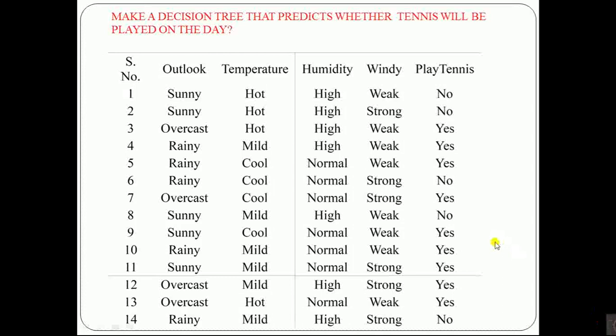But what if the weather pattern on Saturday does not match any one of the rows in the table? This may be a problem. So a decision tree would be a great way to represent data like this because it takes into account all the possible paths that can lead to the final decision by following a tree-like structure.